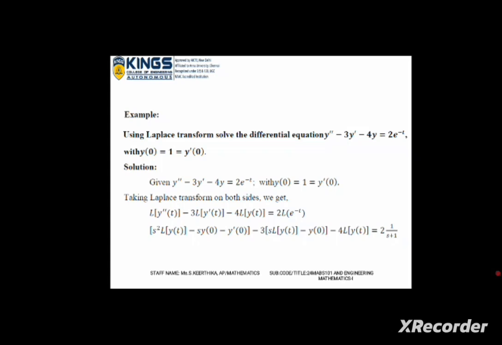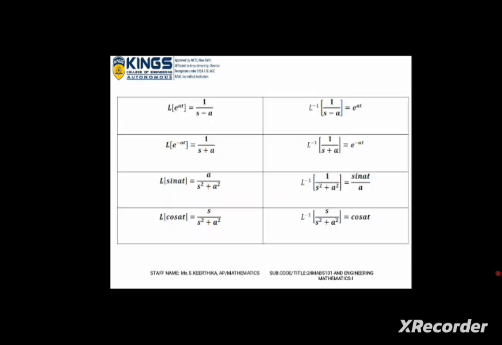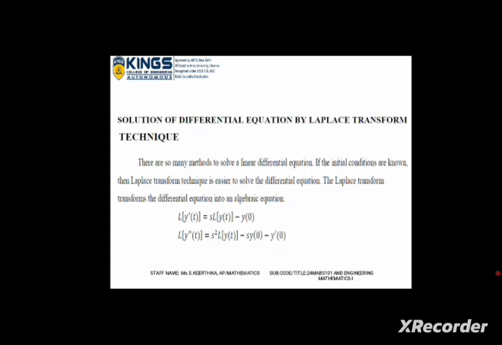After that we have to take Laplace transform on both sides. Then we get L of y double dash of t minus 3 into L of y dash of t minus 4 into L of y of t equal to 2 into L of e power minus t. In the past, we saw the formulas of the differential equation.